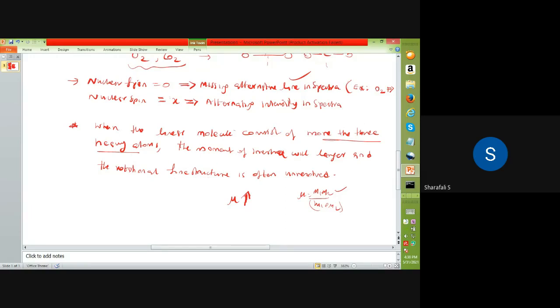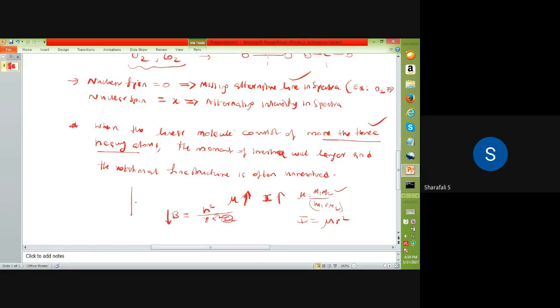Then obviously I is also increasing, that is, the moment of inertia will be larger, because the moment of inertia is nothing but mu r square. And B is nothing but h square by 8 pi square I C. So when I becomes larger, B is going to decrease.